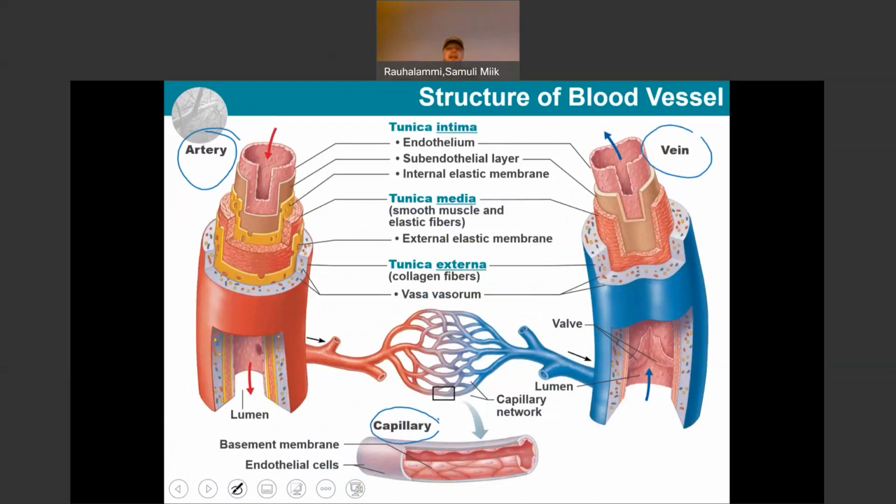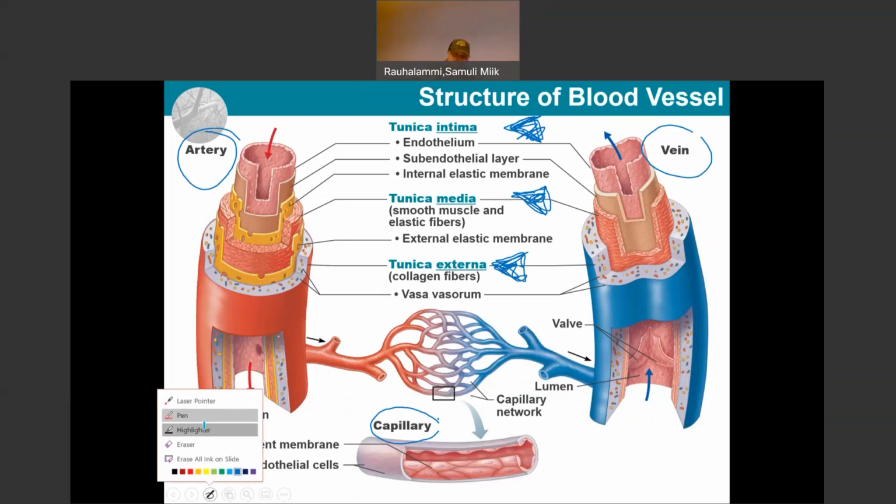When we really pay attention to the structure of these blood vessels, we see there's some similarities, some differences, but most importantly, each of these blood vessels contains these three layers: Tunica Media, Tunica Externa, and of course, innermost Tunica Intima. Capillaries are a little bit of a different story. There we only find one layer, and we'll talk about that in just a second.